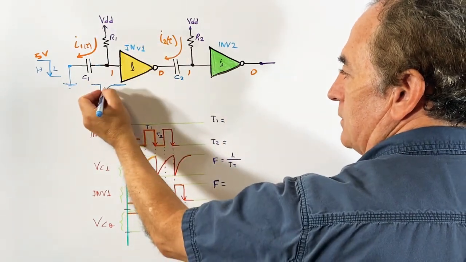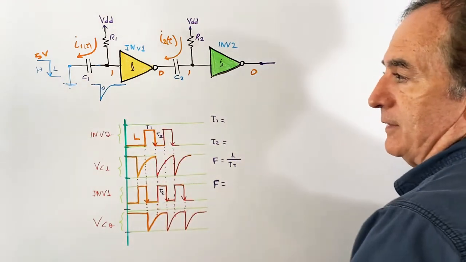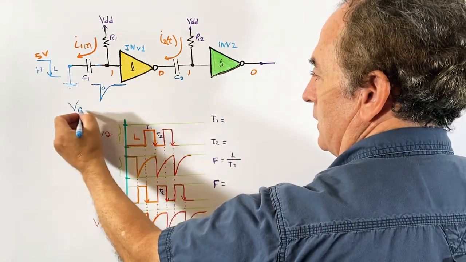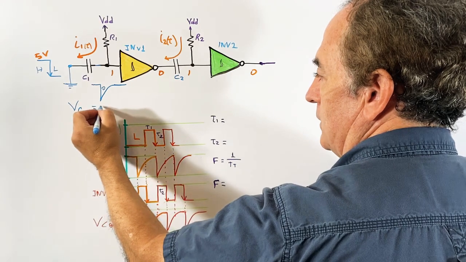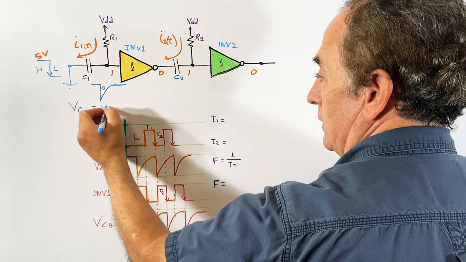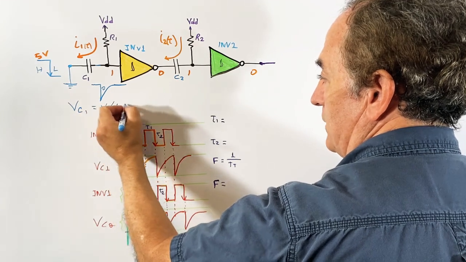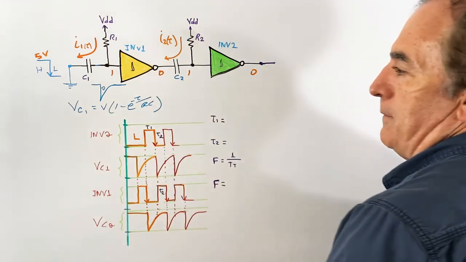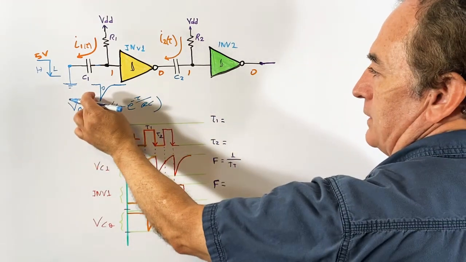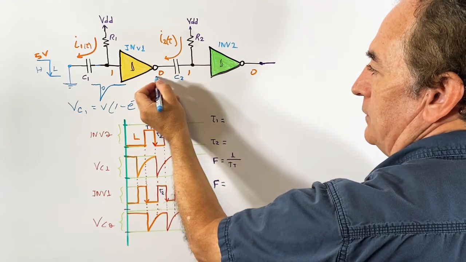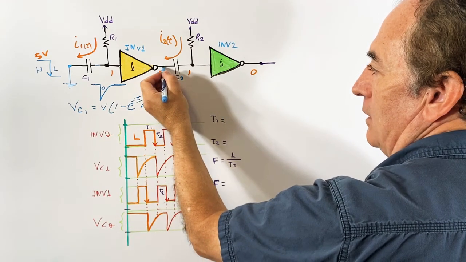So because right here you have a transient 0 thanks to the voltage across the capacitor 1, which is equal to the applied voltage VDD times 1 minus e to the negative t over RC. Okay, that's the voltage across this capacitor. Because it is 0, right here after this 0 you have a logic 1.